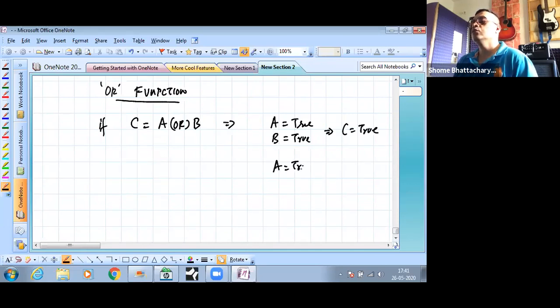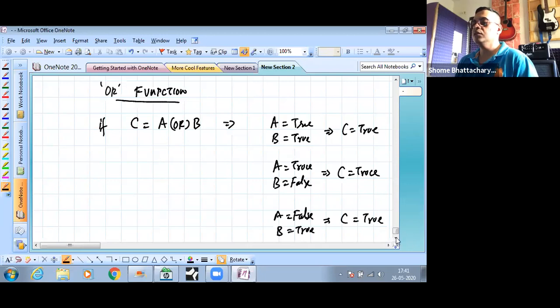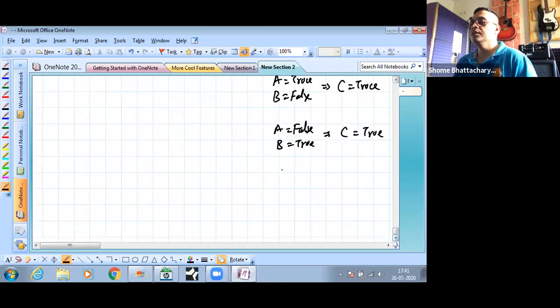A is equal to true, B is equal to false, implies C is true. A is equal to false, but B is true, implies C is again true. So you see, logically why it is called OR, because at least if one or other of A and B is true, then C becomes true. And it is only in the special case where A is also false and B is also false that C also becomes false. In all other cases, okay.